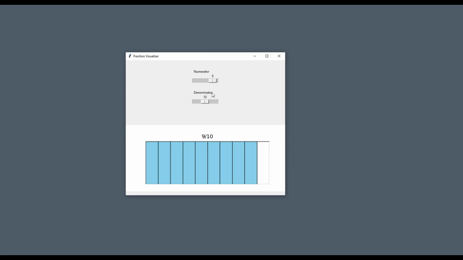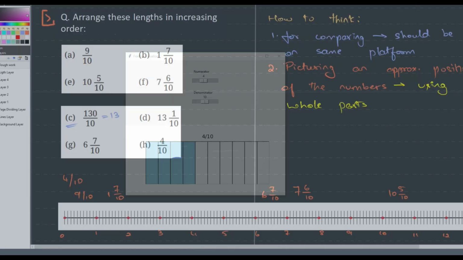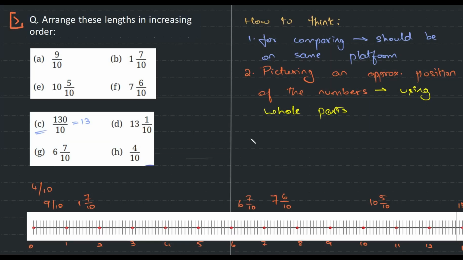So obviously 9 by 10 is clearly greater than 4 by 10. Okay, so the least value is, so your answer starts with 4 tenths. Then 9 tenths, no clash between that.